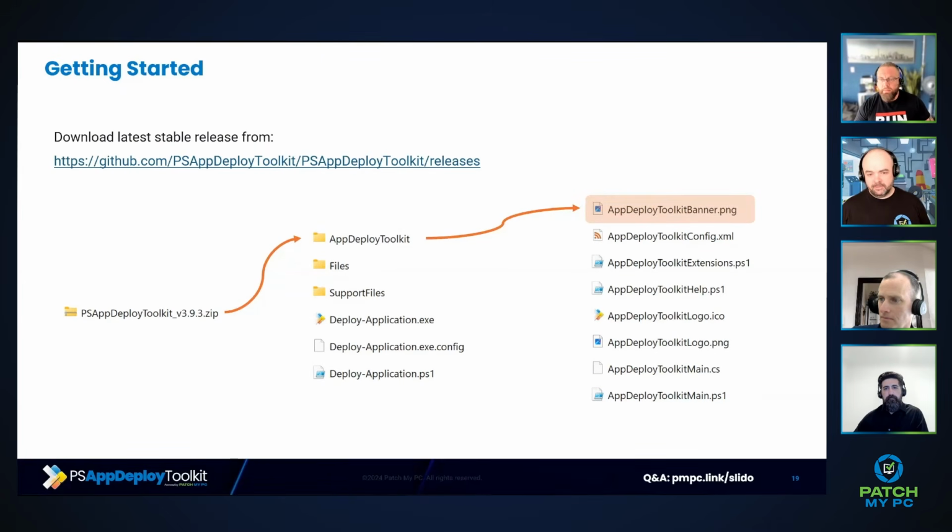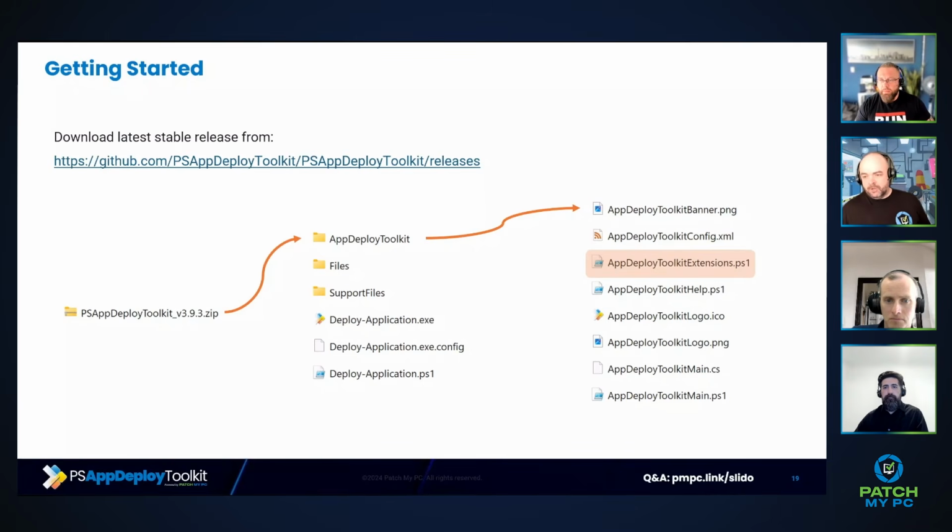And inside here, we have branding assets that you can customize. So you can have this banner completely replaced with your own corporate branding. The toolkit config.xml has got a bunch of settings in there that you may want to tweak.